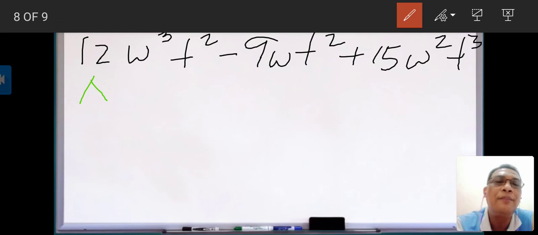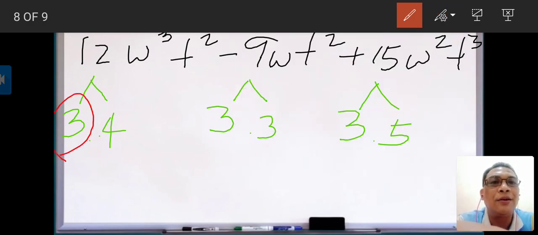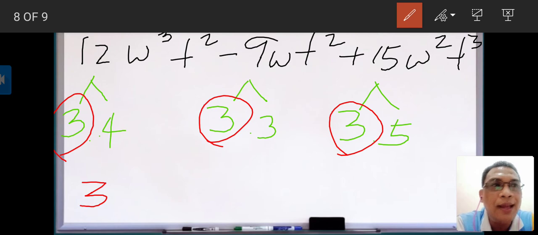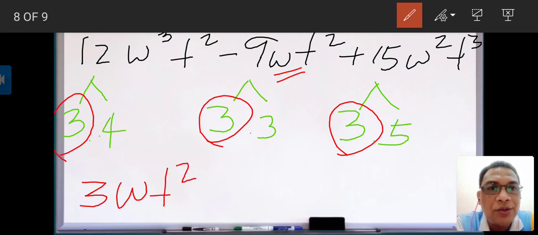Okay, 12 can be factored as 3 multiplied by 4. 9 can be factored as 3 multiplied by 3. And 15 can be factored as 3 multiplied by 5. Okay? So what is common here is your 3. So GCF, 3, we have w, that is the least degree, and we have t squared. Okay? So that could be the GCF of the polynomial.